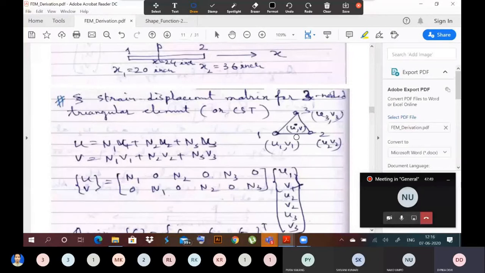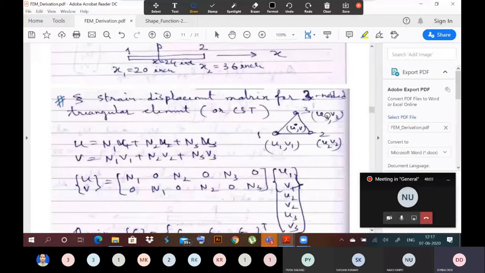So let us consider this triangular element having nodes 1, 2, 3 like this, and U1, V1, U2, V2, U3, V3 are the displacements of nodes 1, 2 and 3. Then if I select any point within the element, having displacement U and V and coordinates xi and eta, say that xi and eta are given to you.